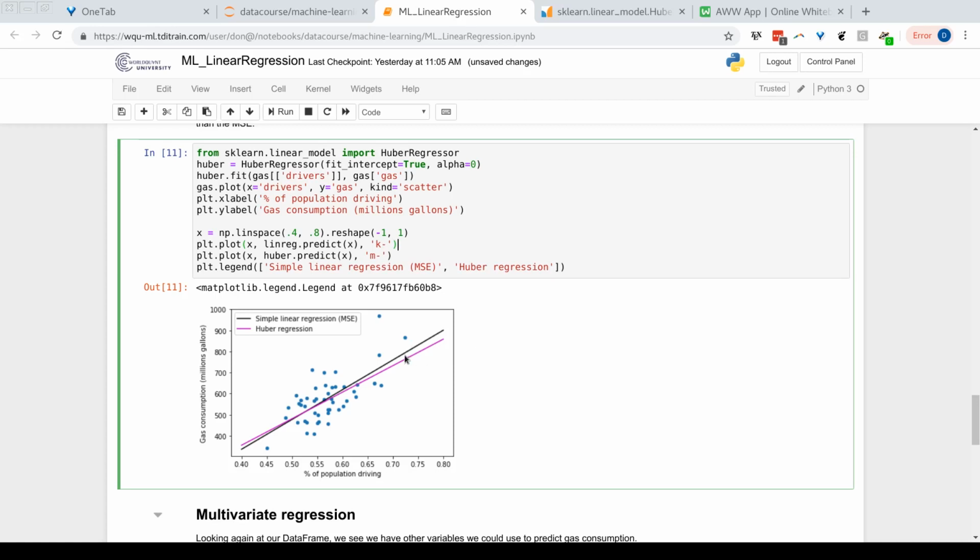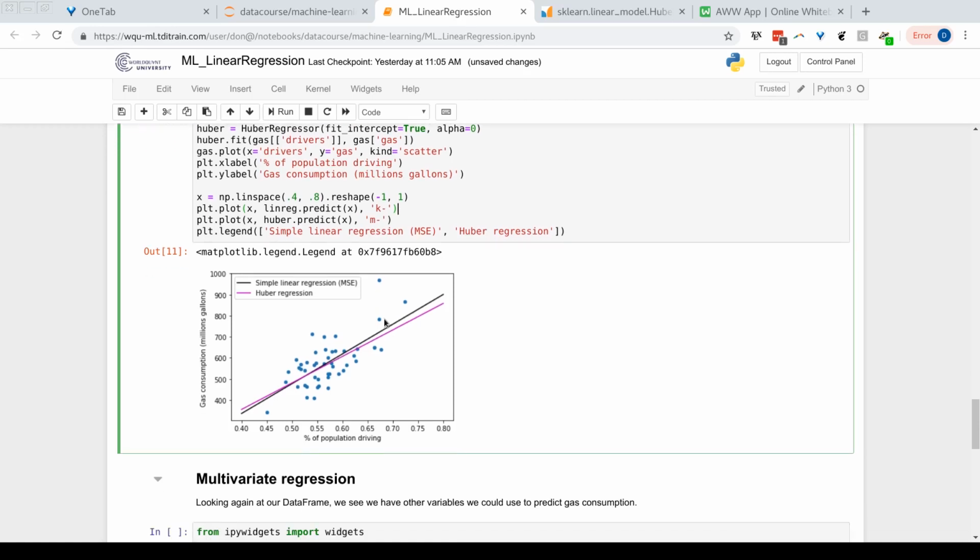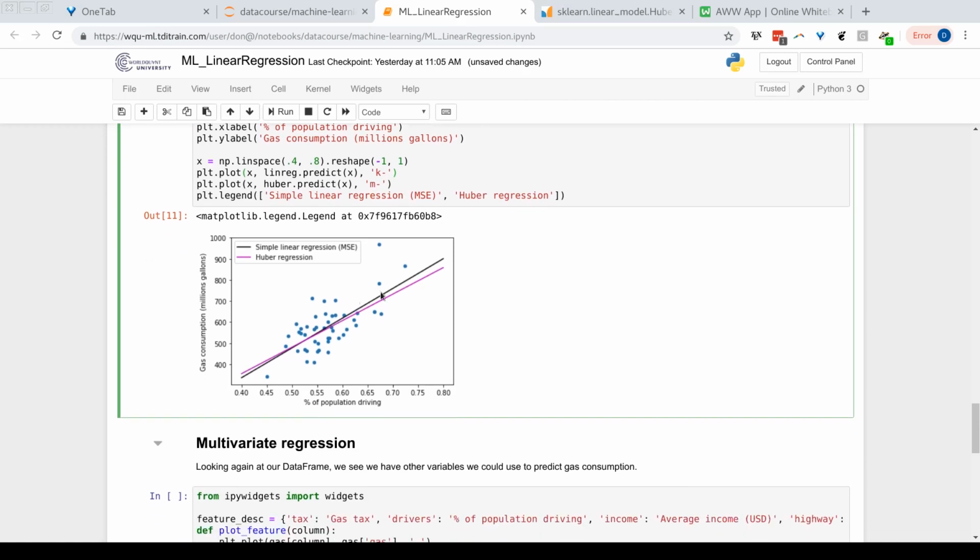So that's why it's not so much pushed towards those higher values. It's pushed downward. You can think of these points, since they deviate a lot, as gravity. They're pushing the slope to better fit them because they have a very large error, since it's squared. You can see the differences between the Huber-Loss and the simple linear regression model.